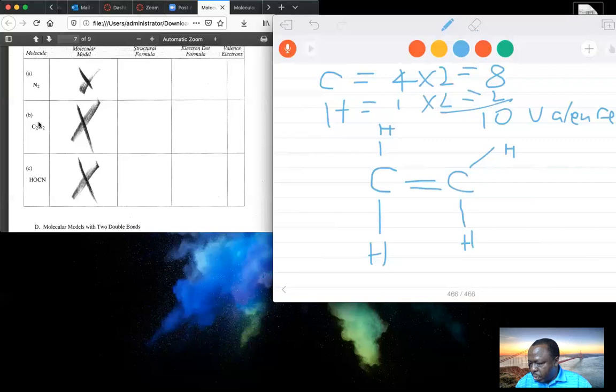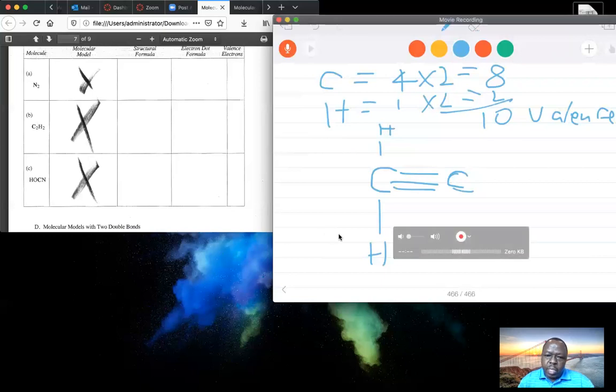We have 2 hydrogens. So if I distribute that, let's see what will happen. If I form 1, 2, 3, 4, 5, no, it's not going to work like that.